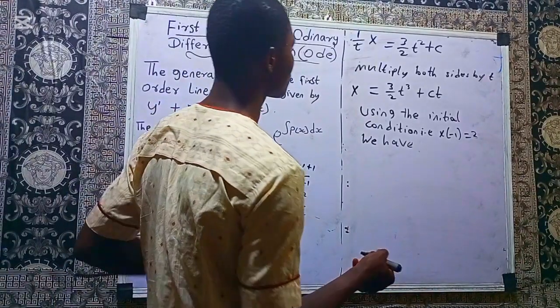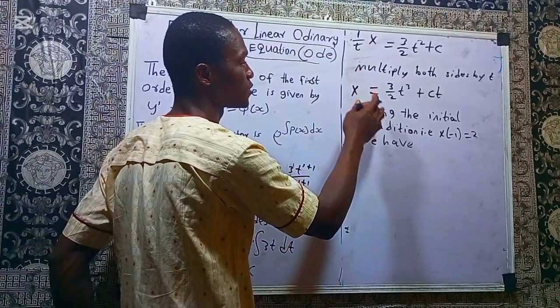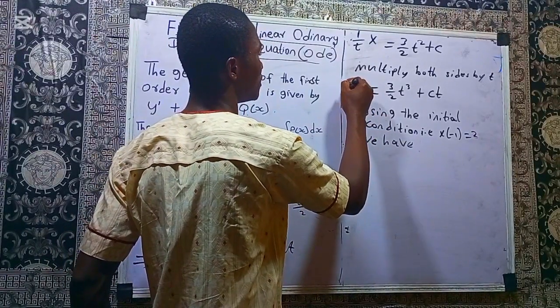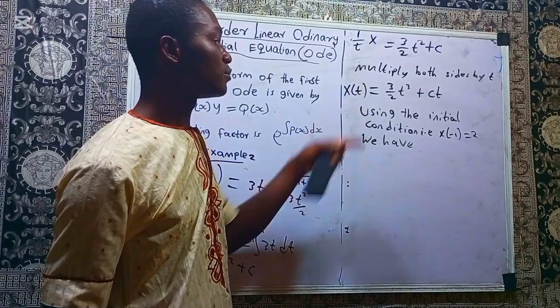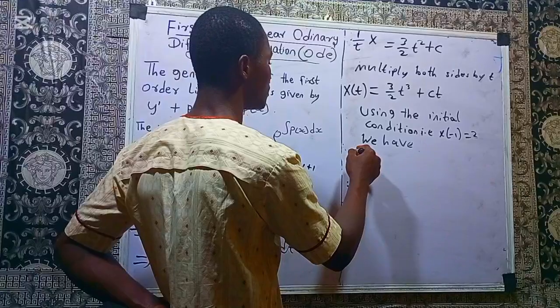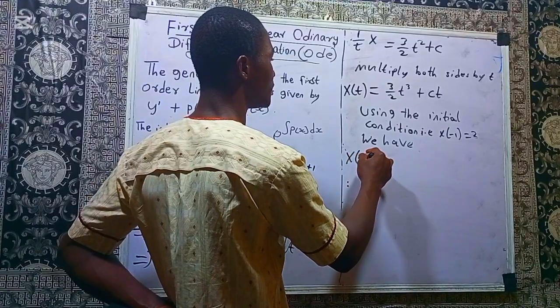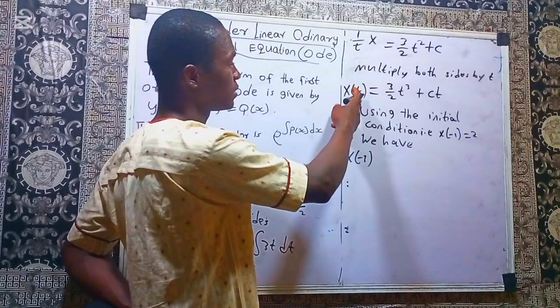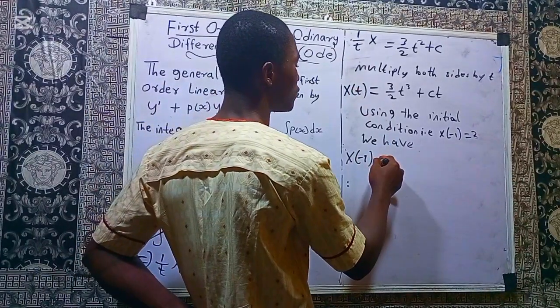So because this general solution is in this form, x of t, because x is the function of the independent variable, x of -1, we'll put -1 here for t, which equals 2.